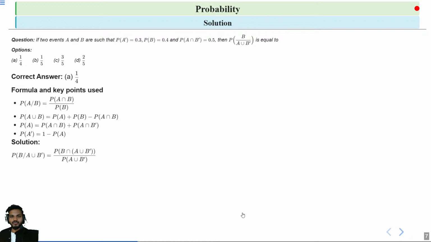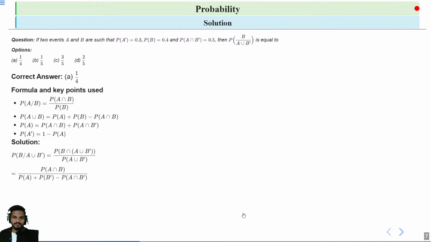So in the question we are asked for the conditional probability of event B given A union B complement. By the definition of conditional probability, this is equal to probability of B intersection A union B complement by probability of A union B complement.